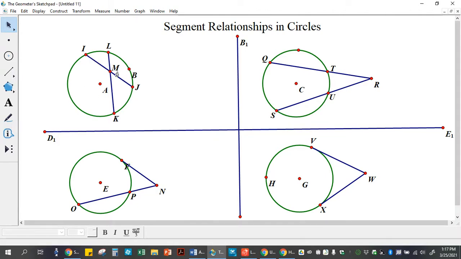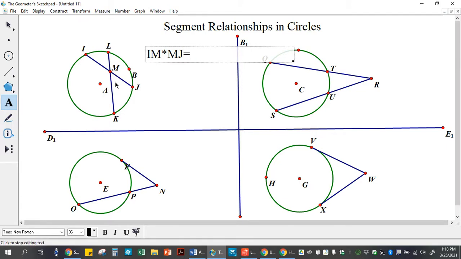So just like when we had intersecting chords, there's a relationship here that has to do with these segments as well. The relationship is if we take part of one of the chords times the other part, so that would be we took IM and we multiplied it by MJ, that would have to equal the same operation on the other chord.